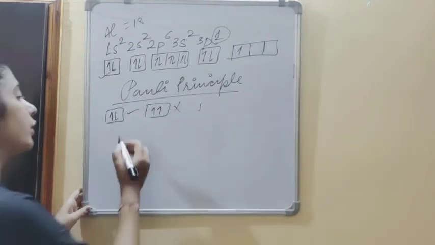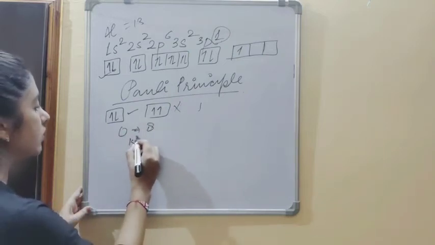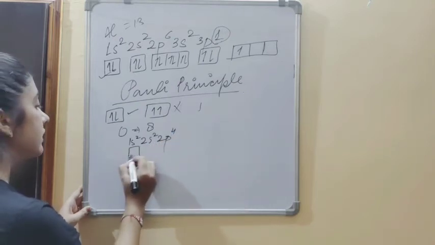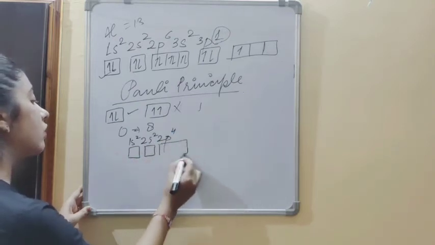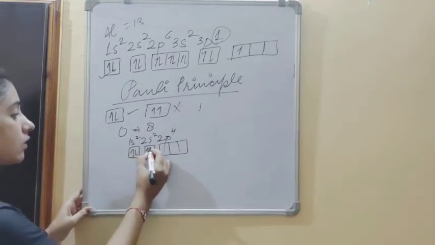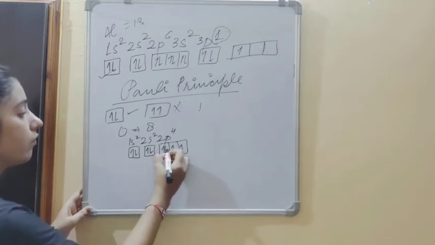Now we are going to take an example of the oxygen atom having atomic number 8: 1s2, 2s2 and 2p4. In this, we are going to fill the electrons on the basis of the 3 rules. Firstly, 2 electrons in 1s, 2 electrons in 2s, then 1, 2, 3 and 4.